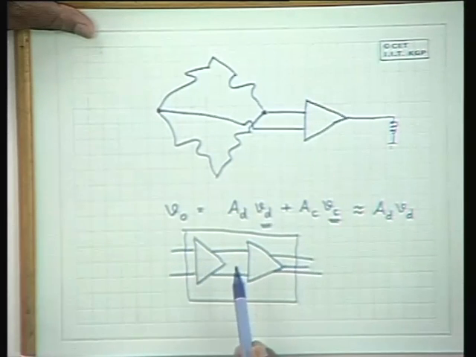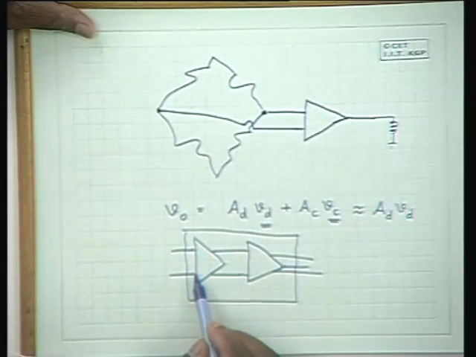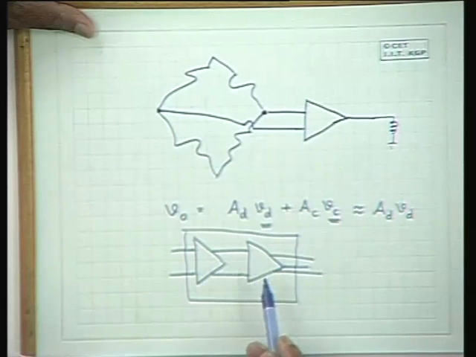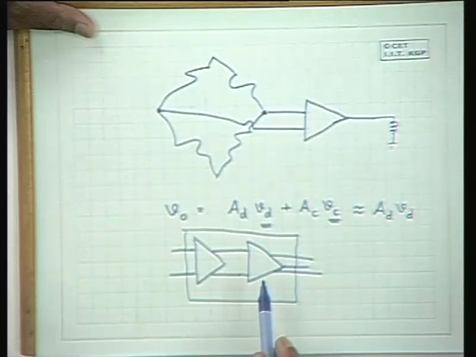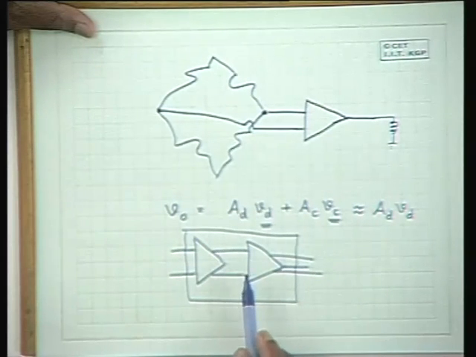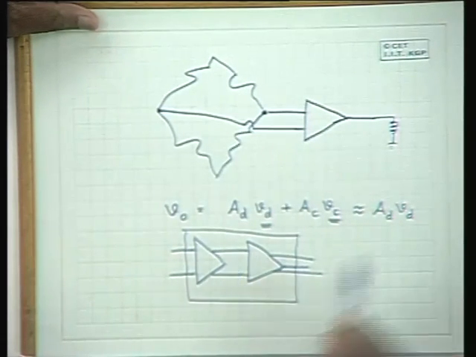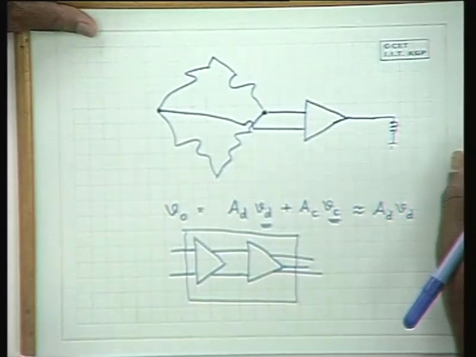And the differential mode gain is going to be equal to the product of the differential mode gains. And if each stage has a common mode rejection ratio equal to rho, the overall common mode rejection ratio is going to be rho squared.